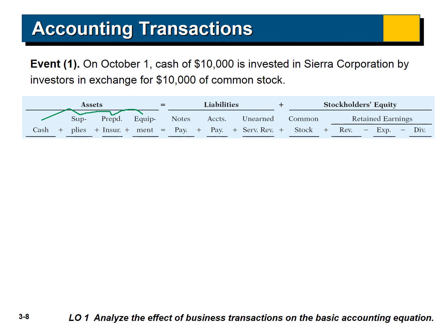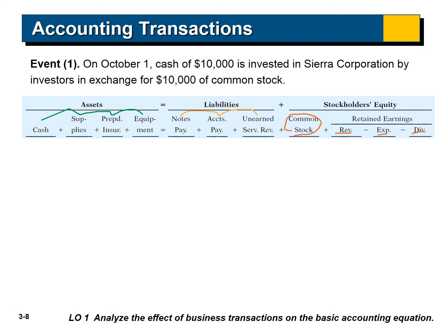And then liabilities, different accounts. We have notes payable, accounts payable, and unearned service revenue, among others. And then stockholders' equity. Well, this is the breakdown we just talked about in the previous slide: common stock plus revenues minus expenses minus dividends.